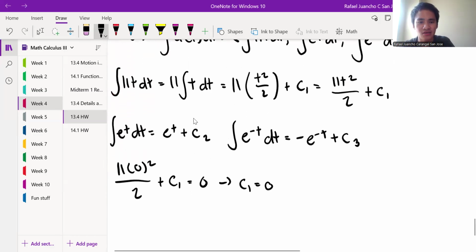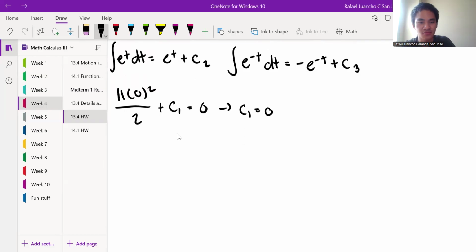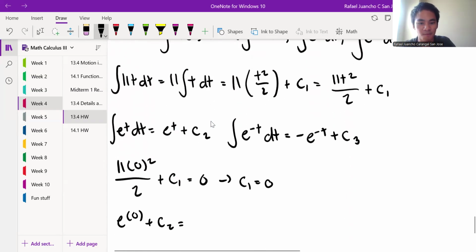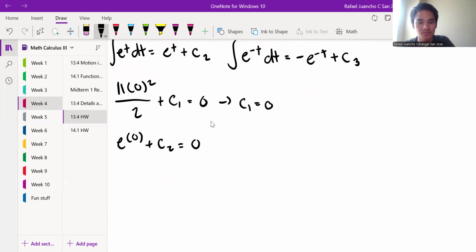Now I do my y component. So e to the t, or e to the 0, plus C2 is just 0. So what's my C2? Well, this is 1, so I add -1. That means my C2 is -1.